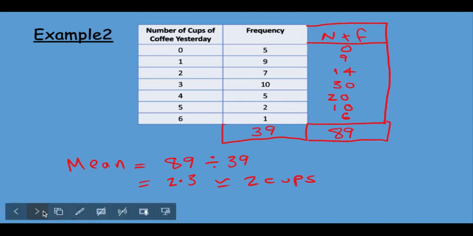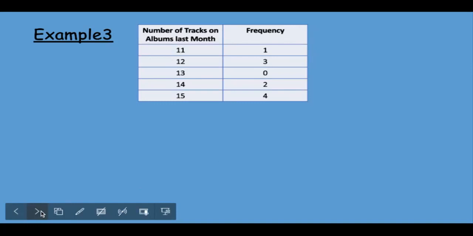Let's have a look at another example. So these are albums that got released last month and how many tracks on each album. Just the same thing again.